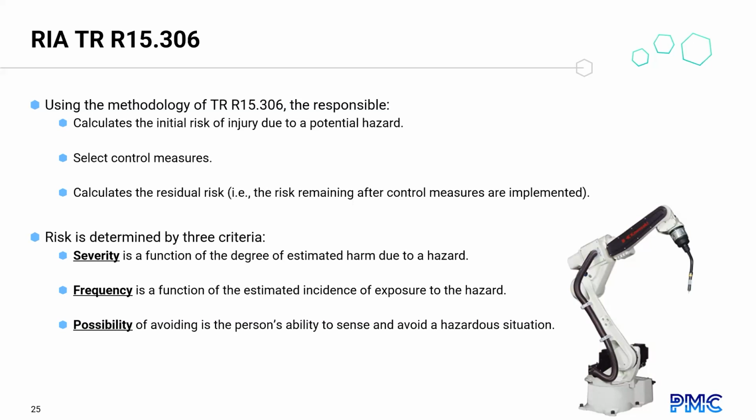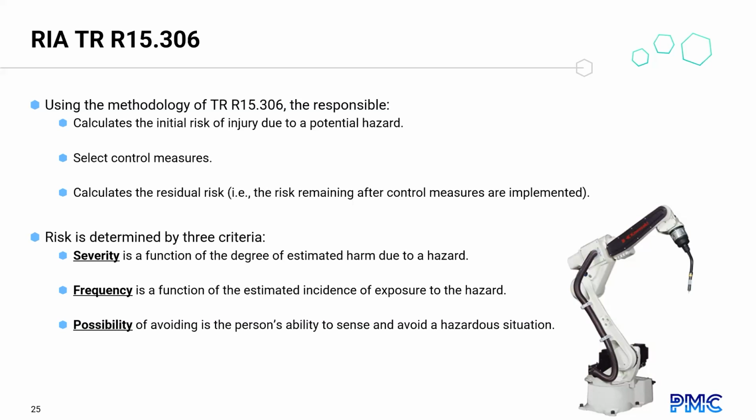The risk here is determined by three important criteria. So we have severity, we have frequency, and possibility of avoiding the hazard. The severity is the degree of a possible harm. It can be, for example, a bruise or cut, a fracture, or even death.